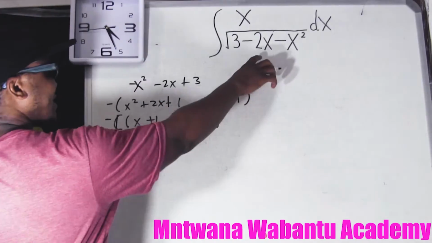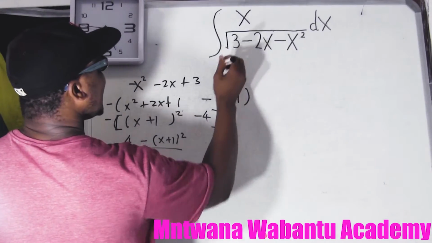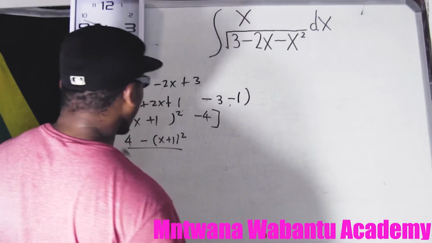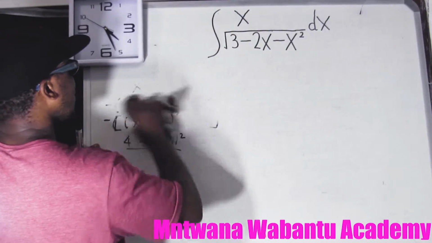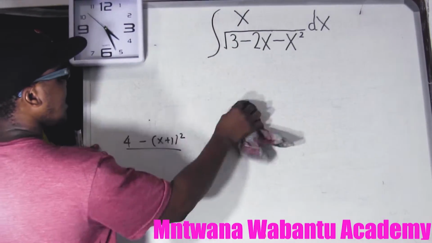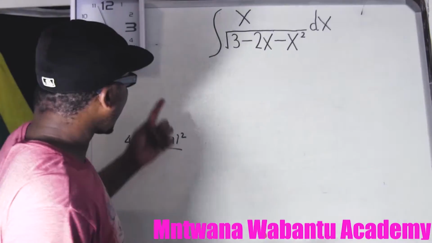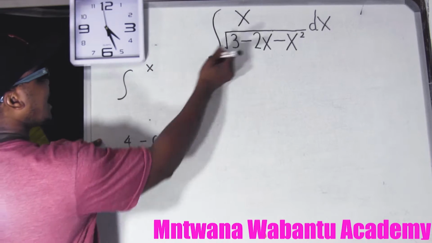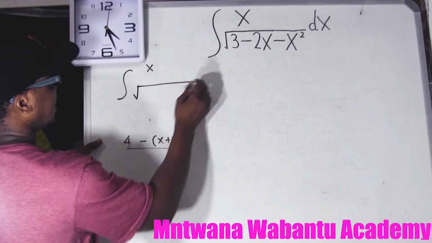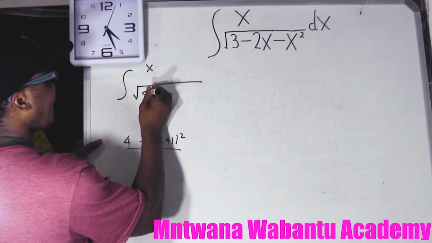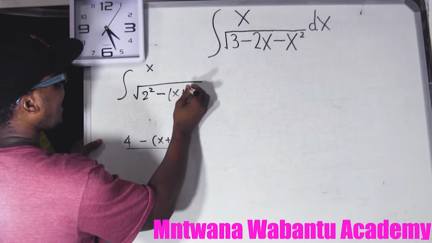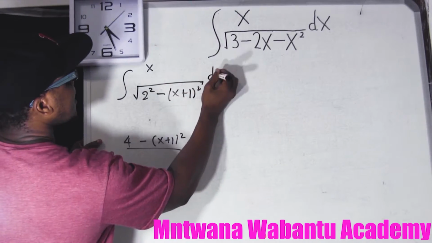I'm going to rewrite this, just in case you forgot how to complete the square. So this expression becomes the integral of x on top, over the square root of 4, which is 2 squared, minus x plus 1 squared, dx.